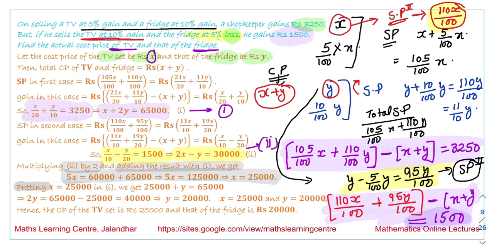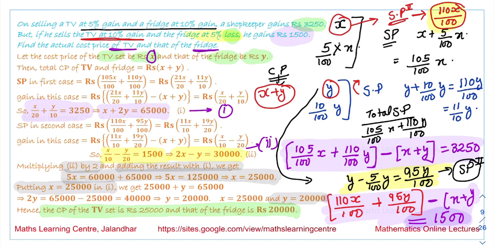Then we substituted this value of x in 1 and obtain that the value of y is 20,000. This is what we had to calculate: the cost price of TV is 25,000 and that of the fridge is 20,000. This is the final answer.